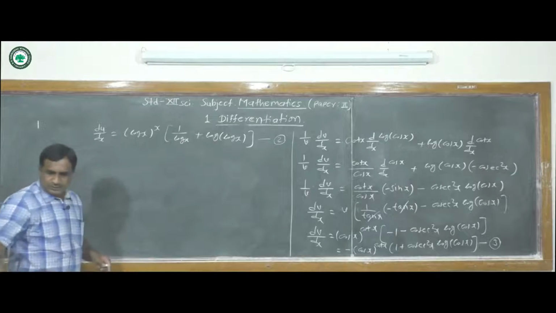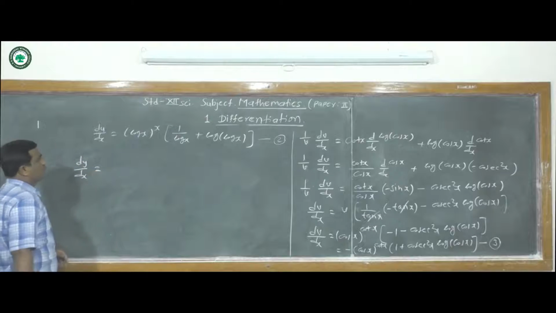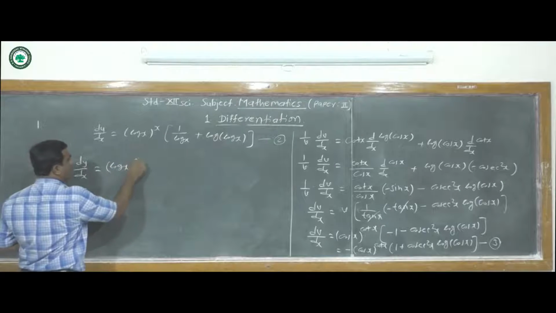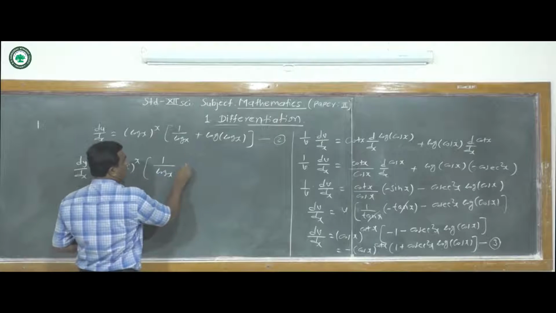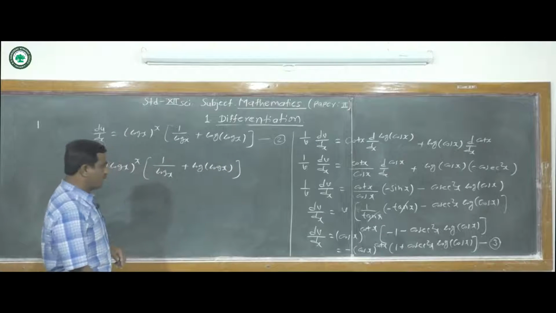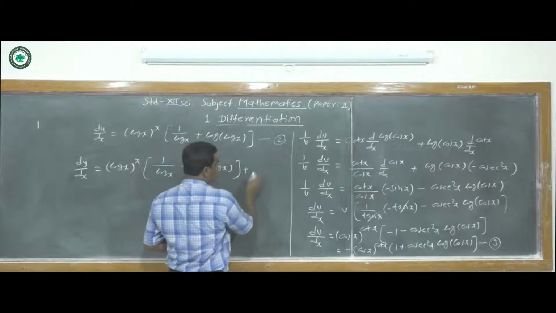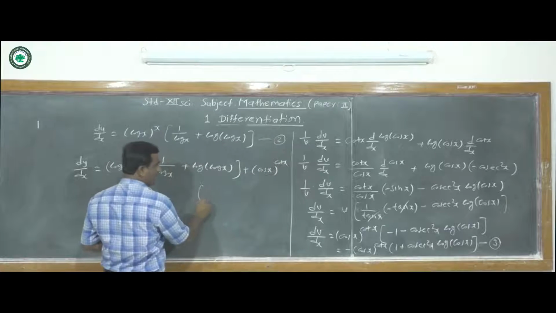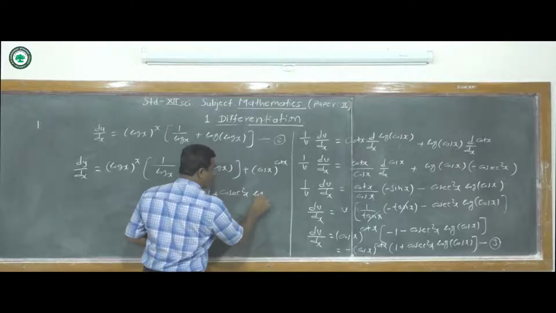Therefore we can write here dy by dx is equal to, equation second is log x bracket raised to x into in bracket 1 upon log x plus log of log x, minus into this minus plus into cos x bracket raised to cot x into in bracket 1 plus cosec square x into log of log x.